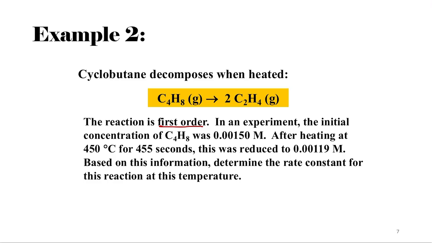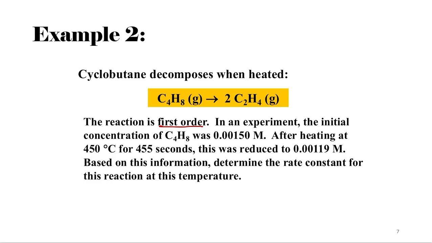After heating at 450 degrees Celsius for 455 seconds, the concentration was reduced to 0.00119 molarity. So based off this information, determine the rate constant for the reaction at this temperature.